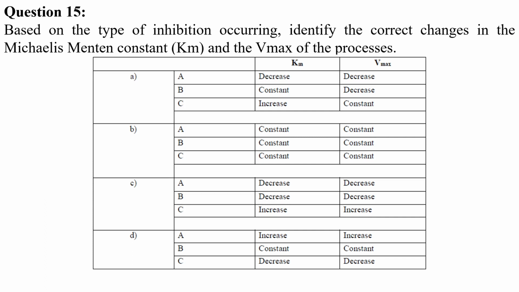So option A is the correct answer. Km and Vmax both decrease in case of uncompetitive inhibition. Km is constant and Vmax decreases in case of non-competitive inhibition, and Km increases and Vmax is constant in case of competitive inhibition. Okay, so this is clear.